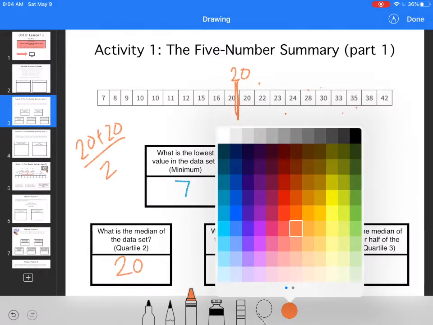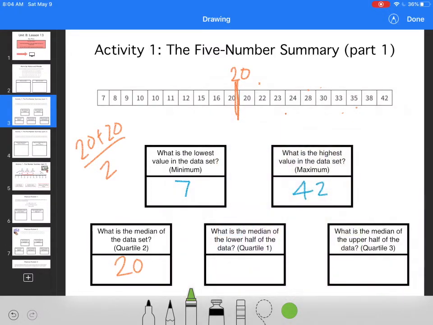Again, I'm finding the median, and I'm going to use a different color. 2 numbers in the middle again, so I'm going to do 10 plus 11 divided by 2, and I get 10.5. It's going to fall right there. I'm going to erase all the crossouts I made.